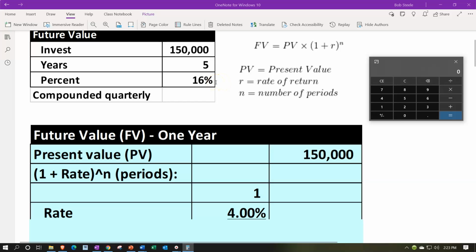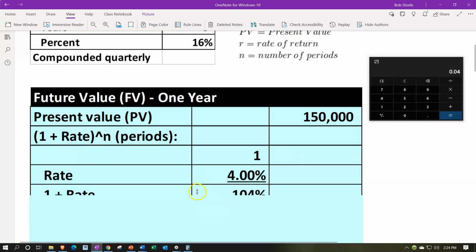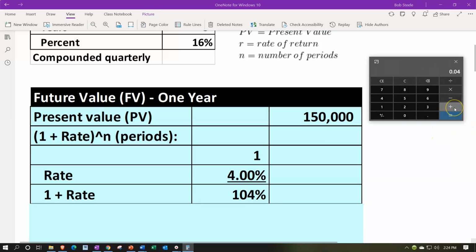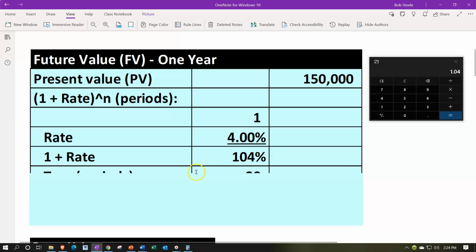In this case, we're using quarterly periods, every 3-month period, and therefore would need to take that percent and divide it by 4. So we would take that 16%, 0.16, divided by 4, and that would give us our 4%. So then if we take the 1 plus the 4%, and I'm going to add that to 1, that's going to give us 1.04 or 104%.